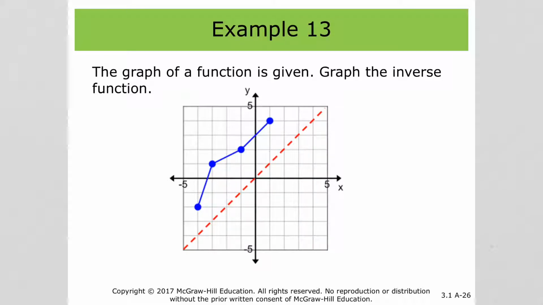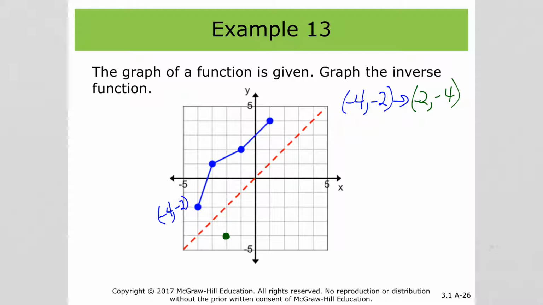And then our last one, we're just graphing the inverse function. So this is pretty simple. Since this first point here is negative 4, negative 2, then its inverse is negative 2, negative 4. And so we graph it, negative 2, negative 4, right there.